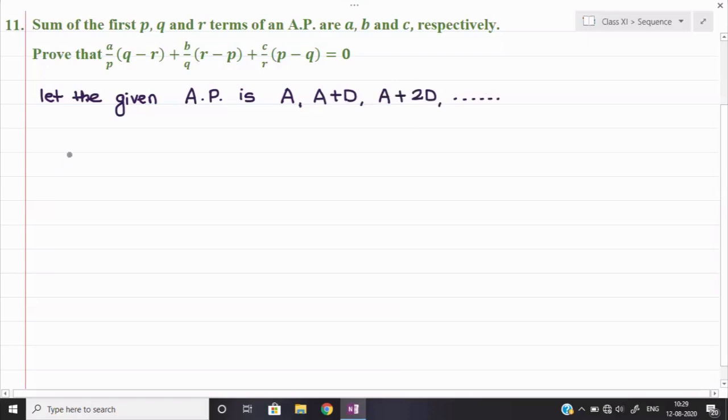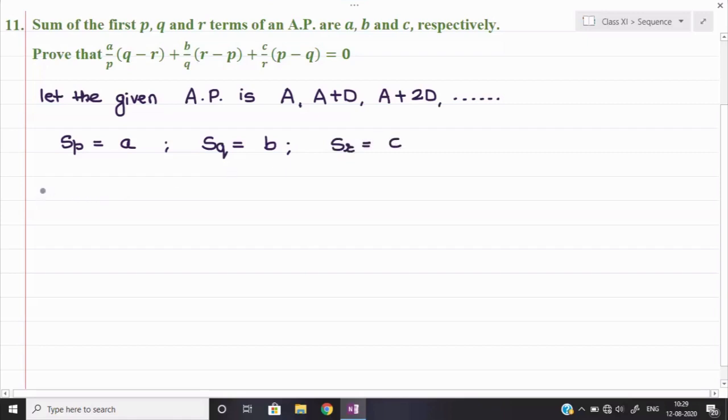Okay, so here first of all see what we have been given. If we take the sum up till p terms, it is equal to small a. So the sum of p terms is equal to small a, the sum of q terms is equal to b, and the sum of r terms is equal to c.